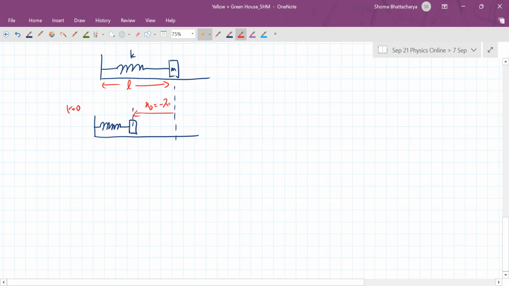I'll take that as minus 2 centimeters because I'll take this direction as my x-axis. This is my x-axis. And releasing it from rest.